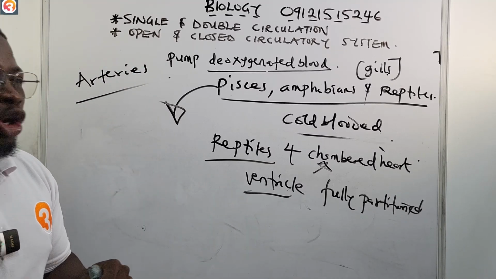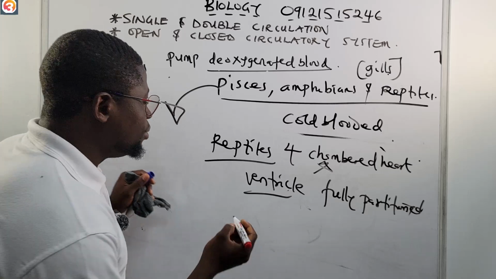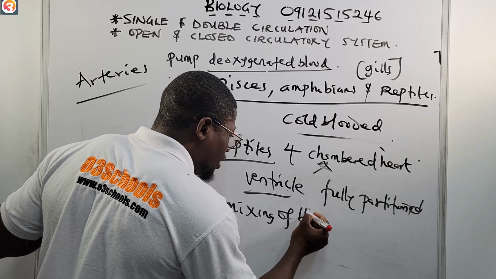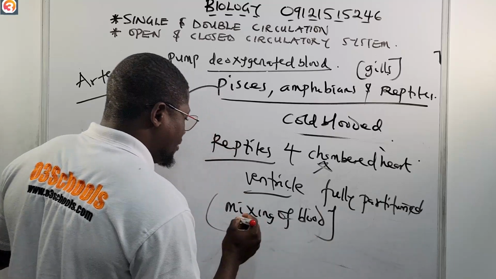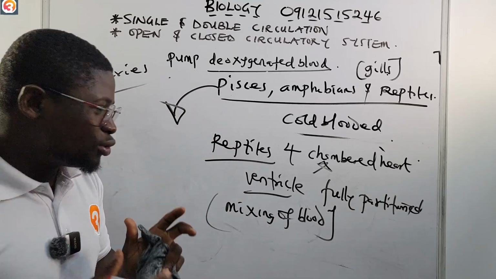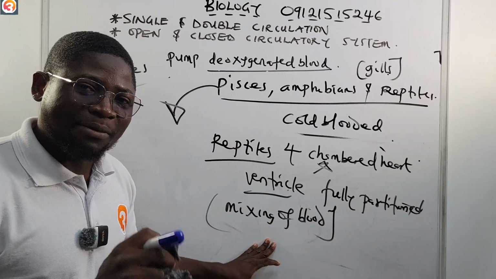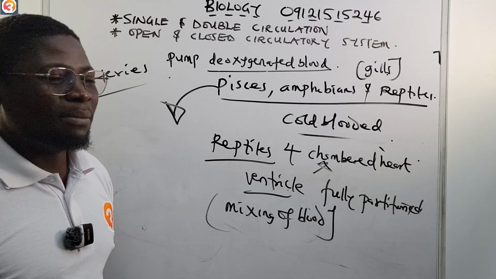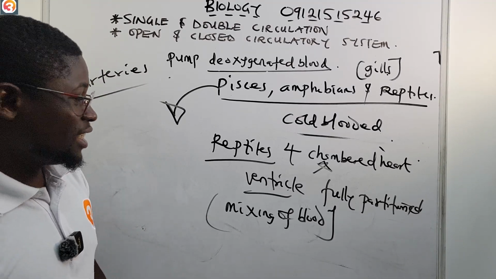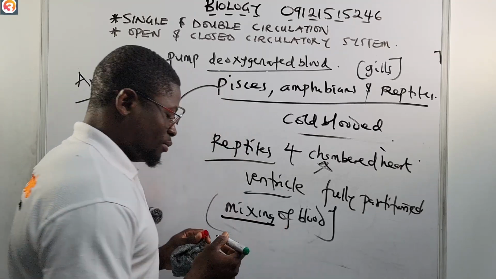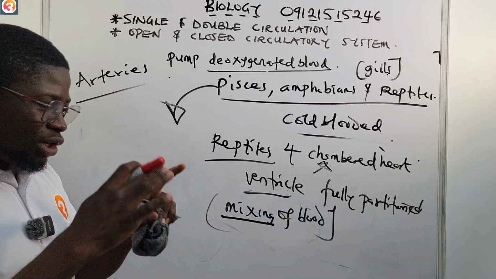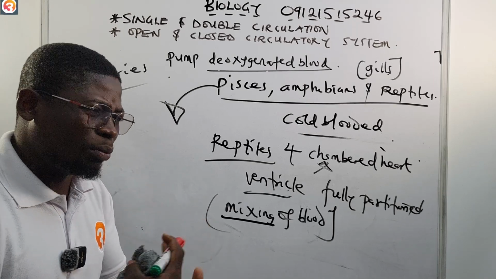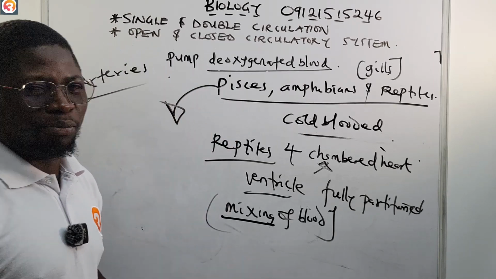Okay, that's the difference. And also in reptiles, mixing of blood also happens. And because mixing of blood happens in reptiles, that means there's no efficient supply of oxygen to different parts of the body, because there's mixing between oxygenated and deoxygenated blood.